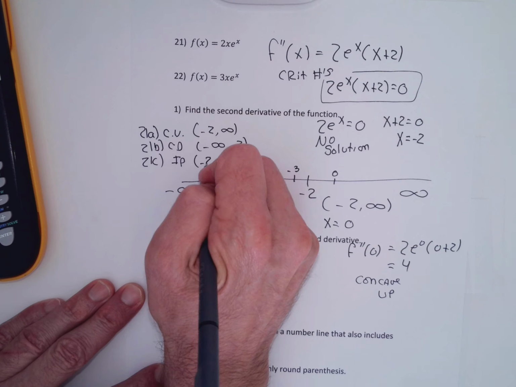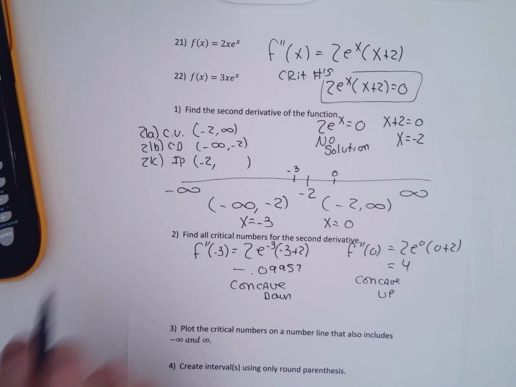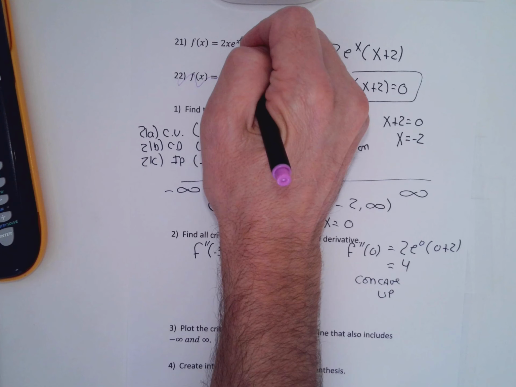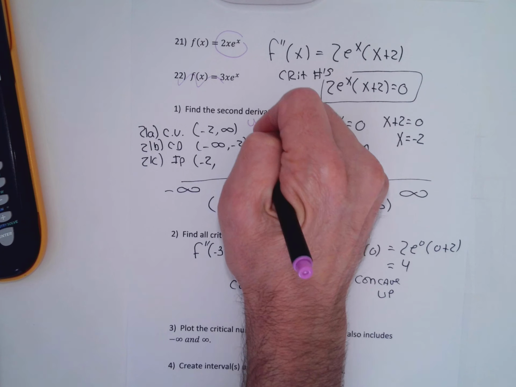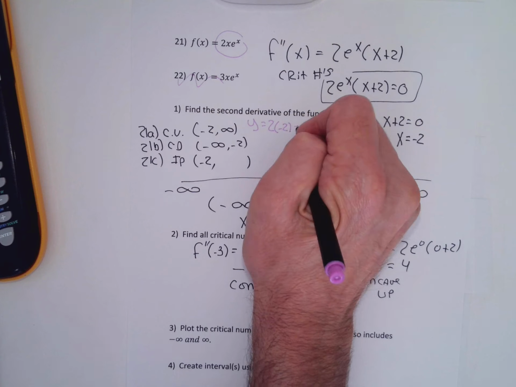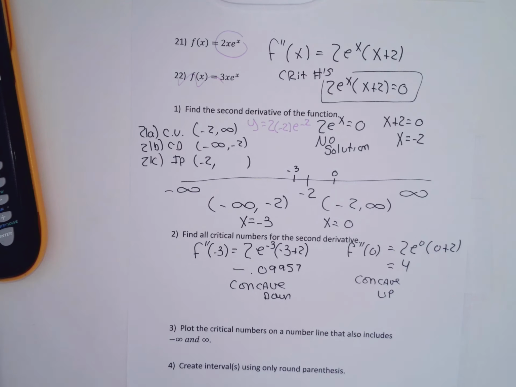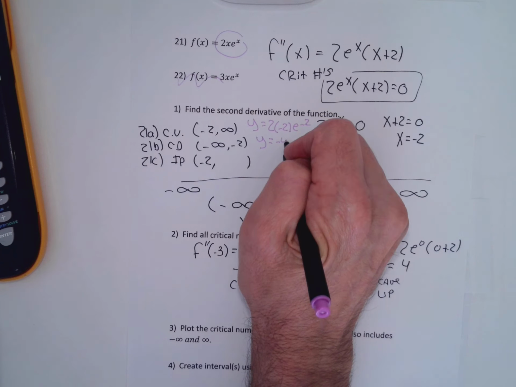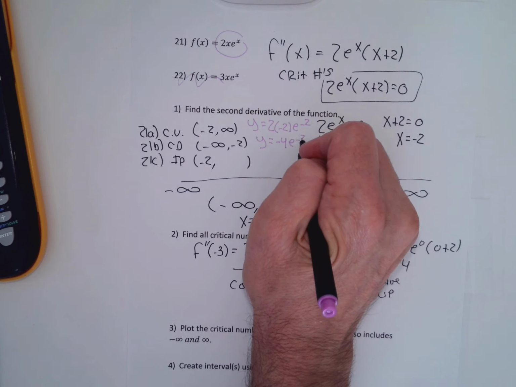Its x-coordinate is -2. I need to get its y-coordinate. And in 22, I'm just going to plug this into the original function. I'm going to get y equals 2 times -2 e to the -2 power. That's going to give me y equals -4 e to the -2 power.